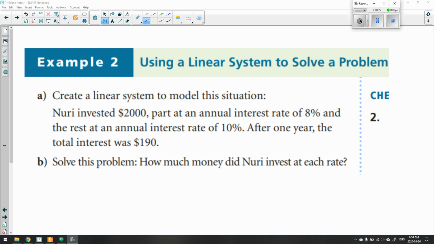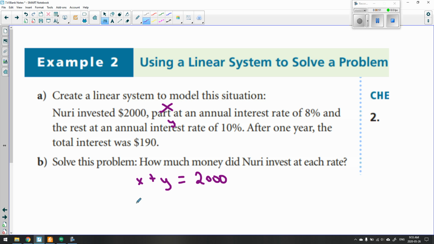So we're going to choose some variables. We're going to say X is the part that was invested at 8%, and Y is going to be the chunk that was invested at 10%. So we know a couple things. We know that X plus Y is equal to 2,000.